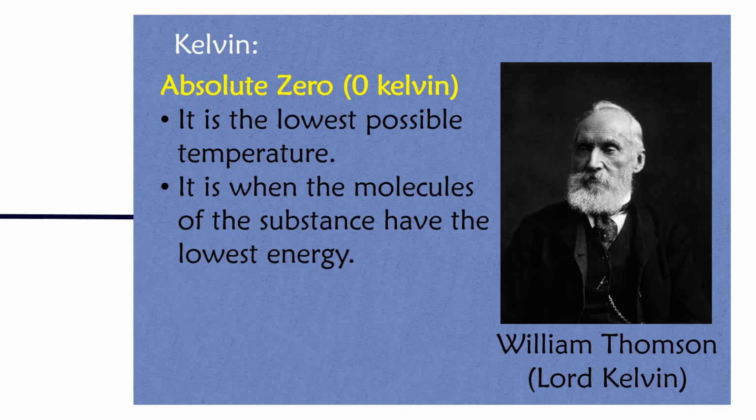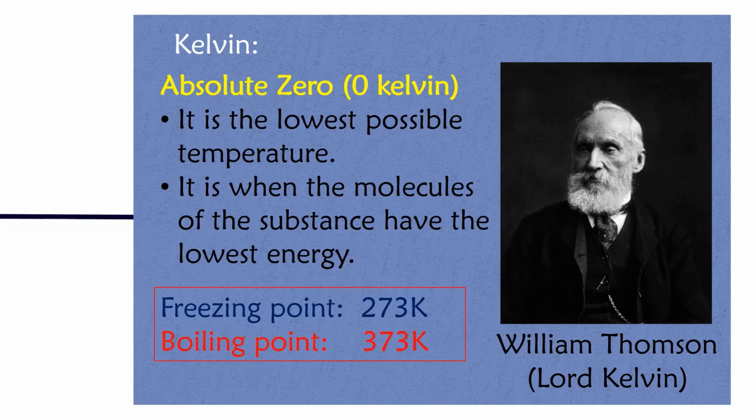Kelvin scale cannot have negative temperatures. On the Kelvin scale, the freezing point of water is 273 Kelvin, while its boiling point is 373 Kelvin. The temperature difference is 100 Kelvin.